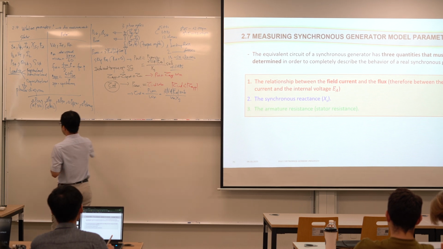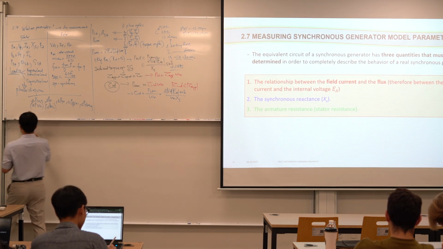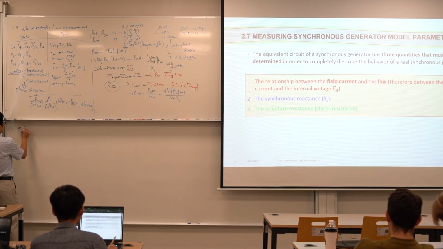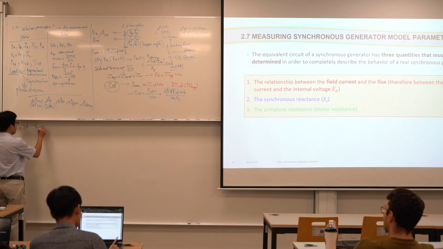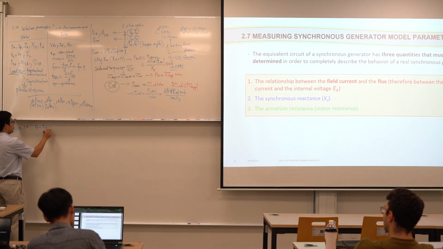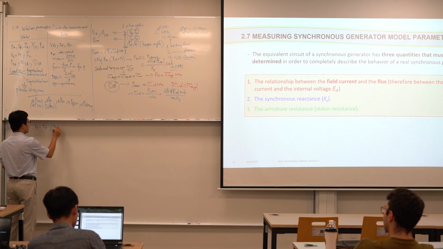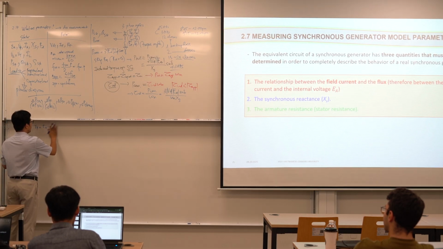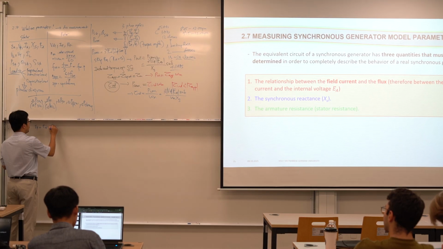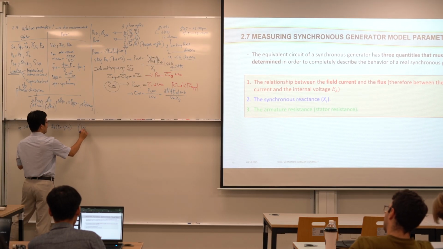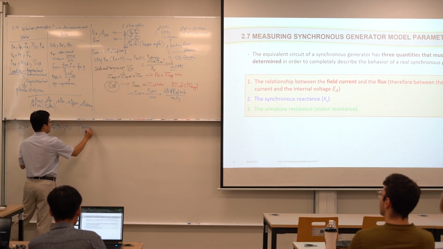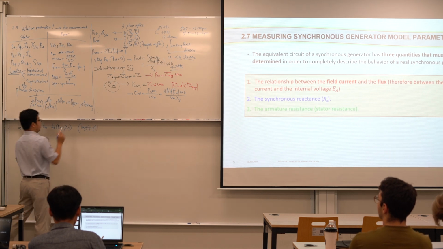Because we come back to the voltage equation, the synchronous generator voltage equation. We have V phase equal to EA minus IA times (RA plus jXS). Of course, this one is for lagging power factor.